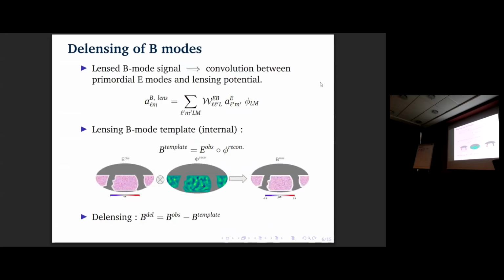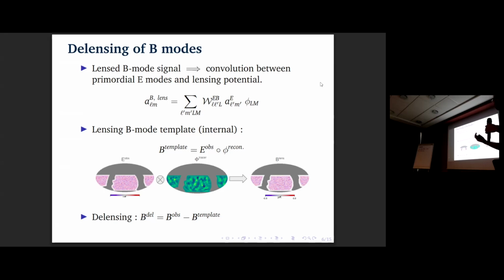Now, how we do this delensing, how we subtract the lensing B-modes: in theory, you can get a theoretical prediction of the lensing B-modes by taking a convolution between the primordial E-mode and the lensing potential field phi. But we don't know the primordial E-mode, so we take the E-mode that we observe, which is also lensed, and we get a reconstructed phi from the CMB observation itself, and we convolve them to get a template for the B-mode, which is not entirely perfect.